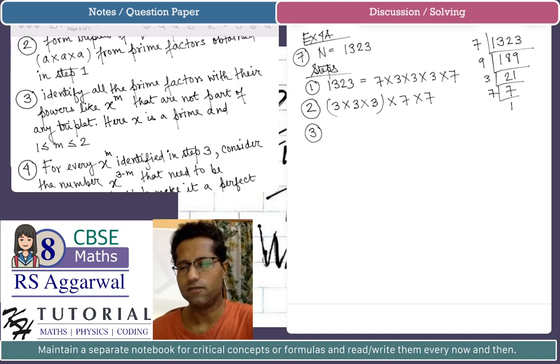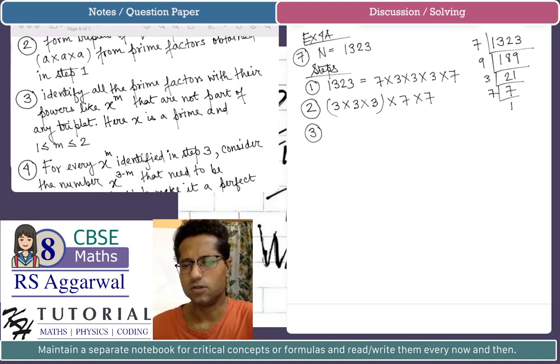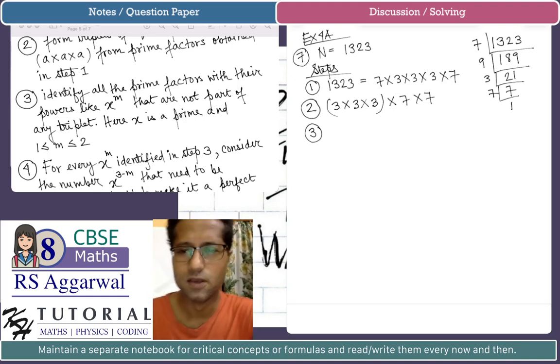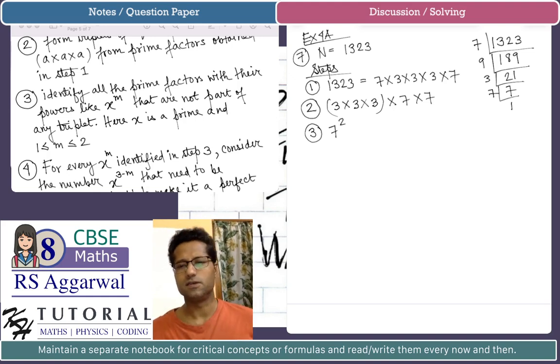So I have to identify all those factors, merging the similar factors as powers. If I combine 7 into 7, I can say 7 squared, which is not part of any triplet.